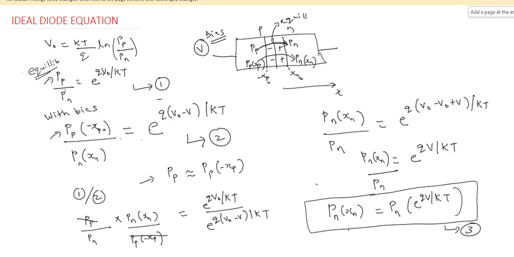Next, we have obtained, so again we have to draw the figure. This is Xn, this is minus Xp.